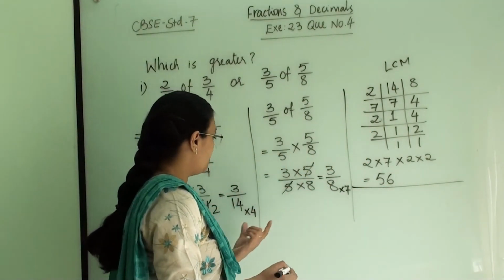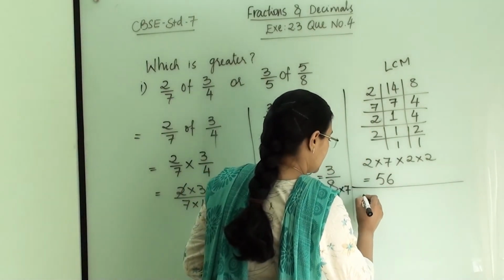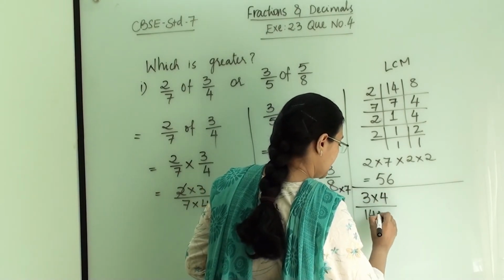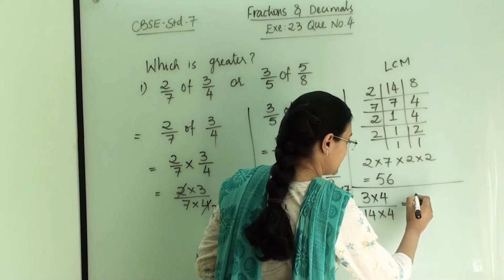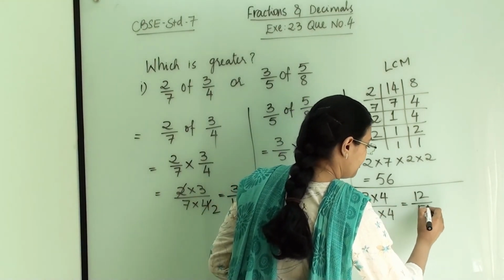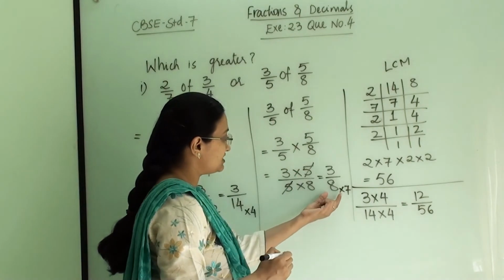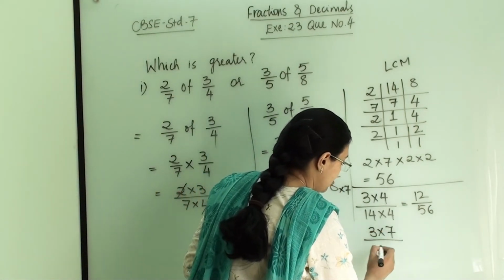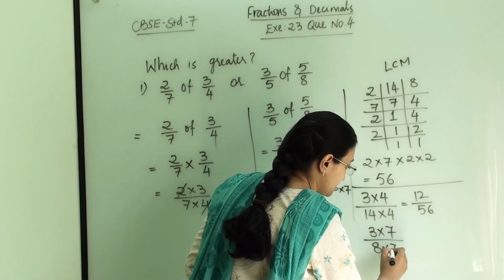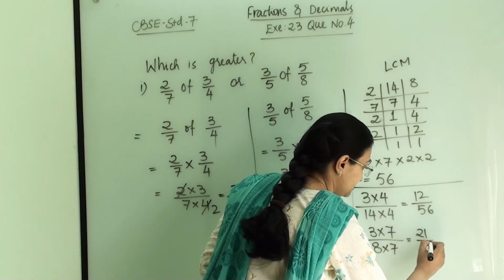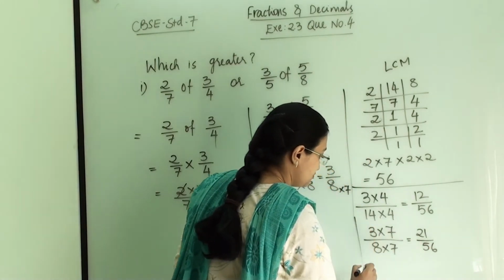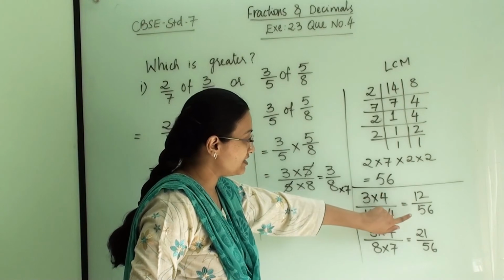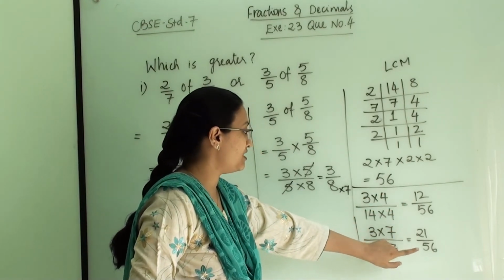So let us convert both terms. The first term is 3 into 4 divided by 14 into 4, so we will get 12 divided by 56. Now what about the second term? That is 3 into 7 divided by 8 into 7. So we will get 21 divided by 56. These two are our final answers, 12 divided by 56 and 21 divided by 56.